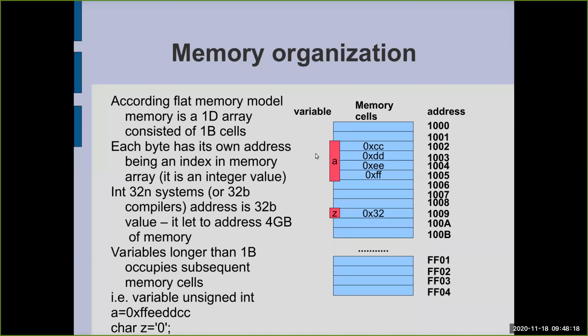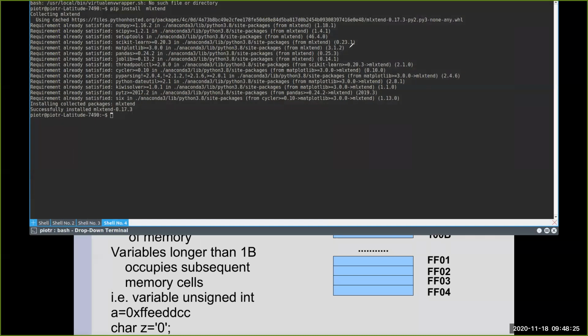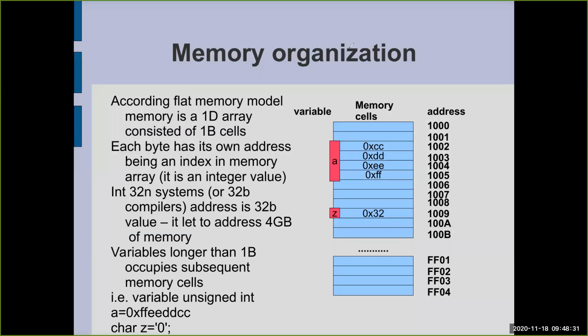Okay, so first I'd like to start from memory organization. I told you that everything which is stored in a computer has to be represented as a string or set of bits.